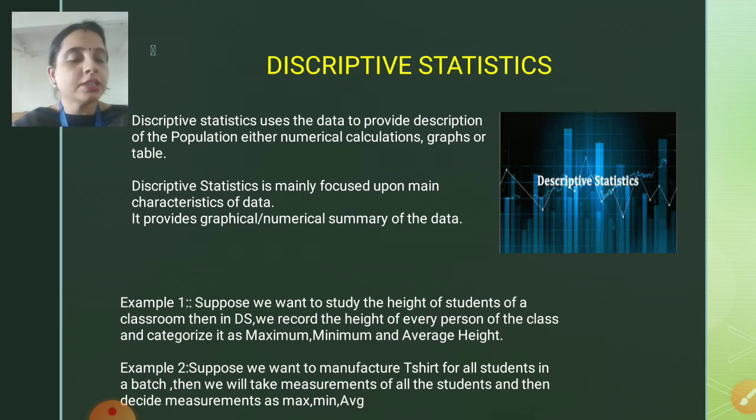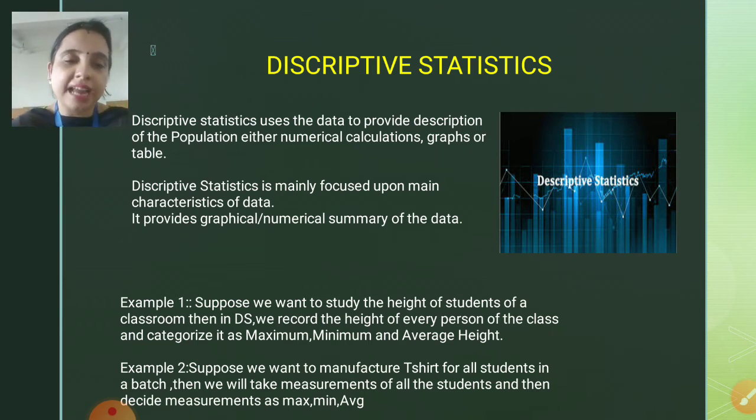Then, considering all the data of the 15 students, I need to conclude the maximum, minimum and average size. Now I will be able to decide that the maximum size of the t-shirt should be 48, for example, the minimum size should be 40, and 45 should be the average. Now this is the conclusion.